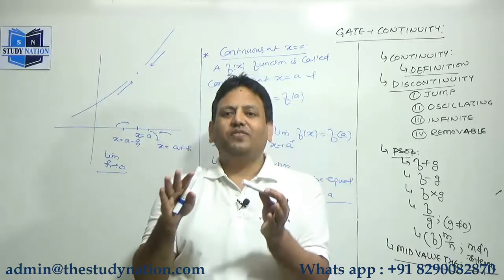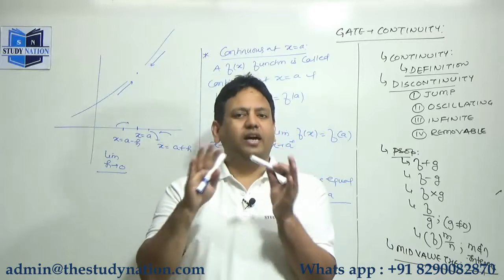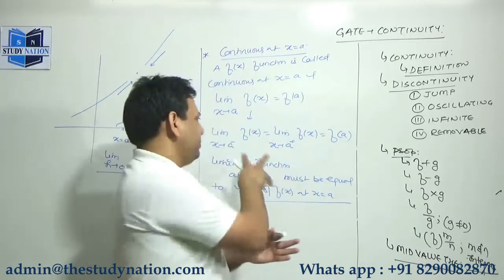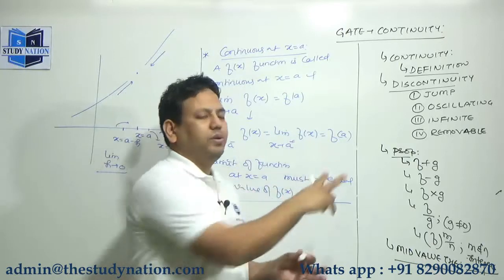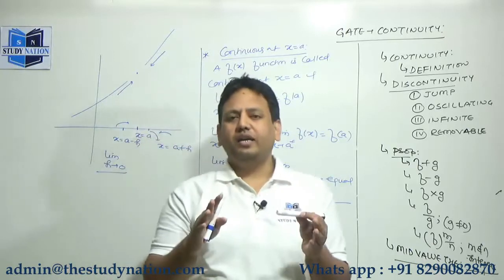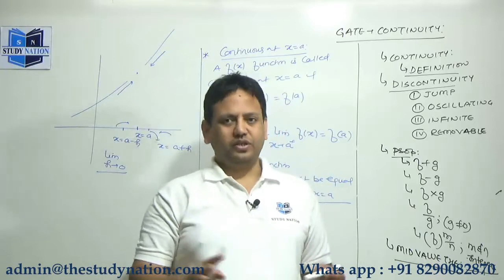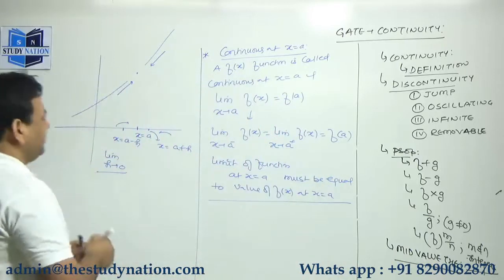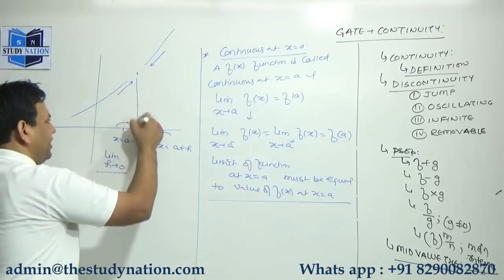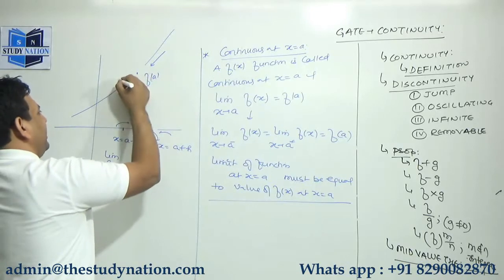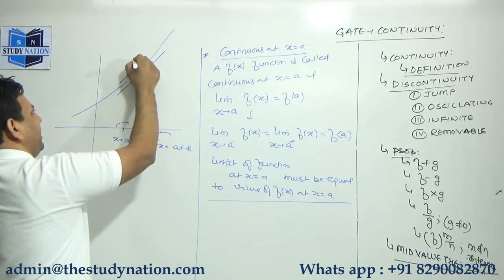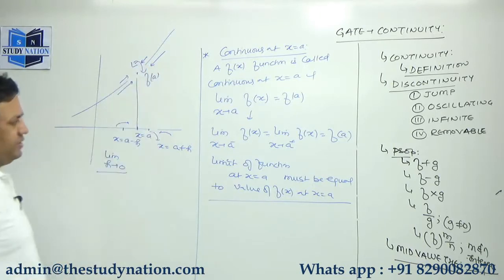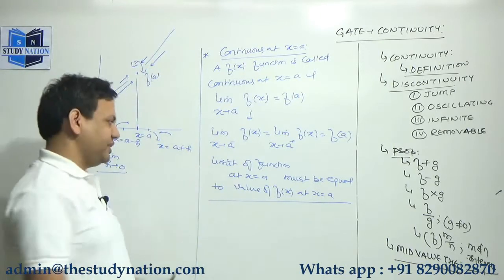If the limits are defined and they are different, again it is not continuous. Suppose the left hand limit and right hand limit are the same, but they are not equal to the value of the function, again the function is not continuous. So let's see how we will check. This is the value of the function, f(a), and these are the left hand limit and right hand limit. If they are reaching the same L and L is equal to f(a), then we will say the function is continuous.